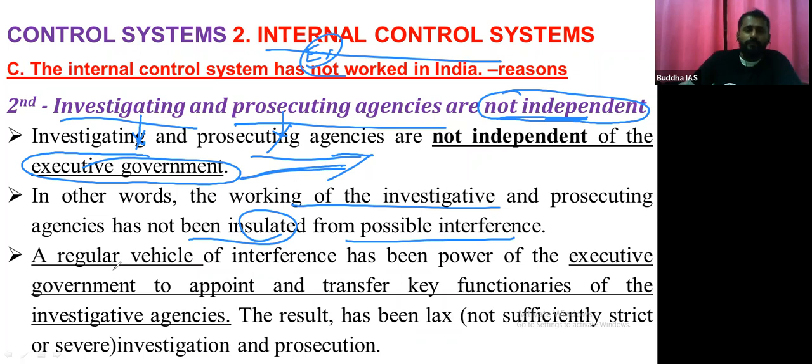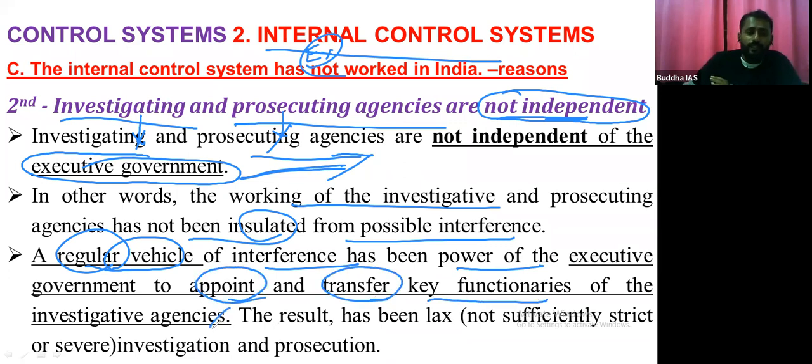A regular, common way of interference has been the power of the executive government to appoint and transfer key functionaries of the investigating agencies. For example, when the government changes, they generally change the people who are working in anti-corruption bodies. The reason is that they have this power and they want to put in those people who are helping them.